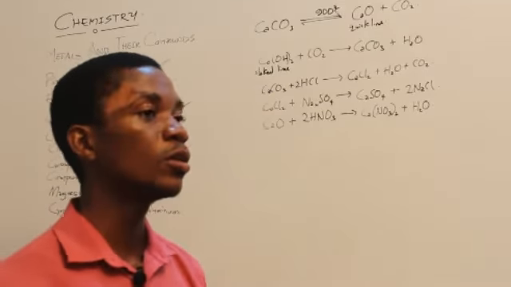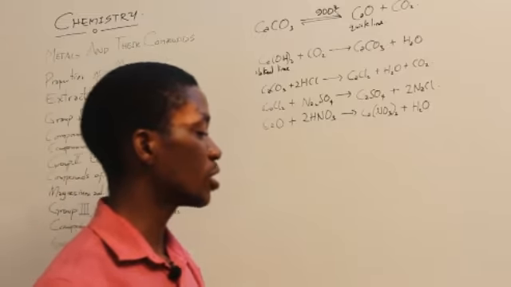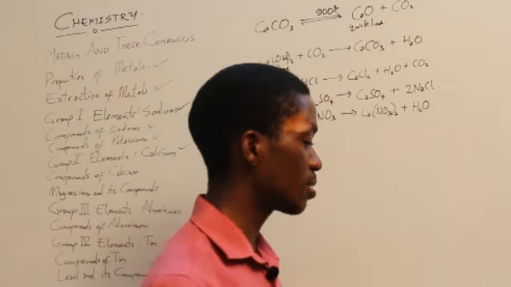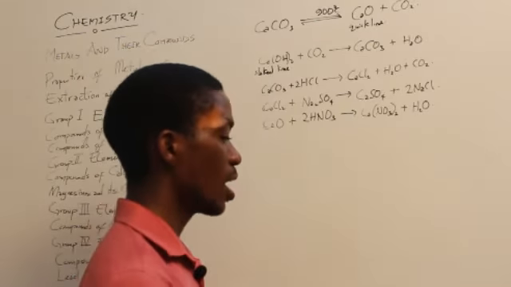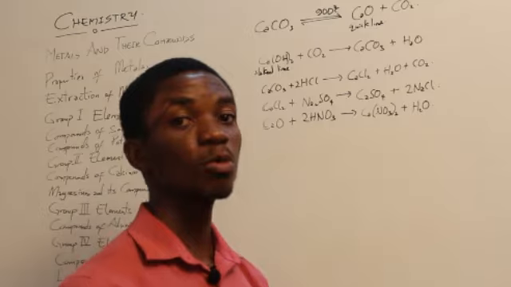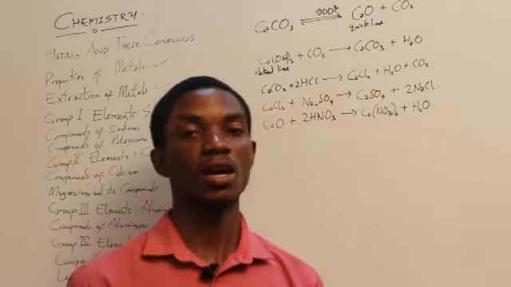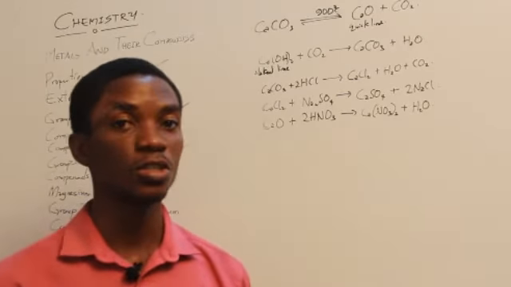So for us, it is a very important material used in the production of very many things such as cement, as chalk. It's even used in the production of certain fertilizers, just to mention some of its uses.